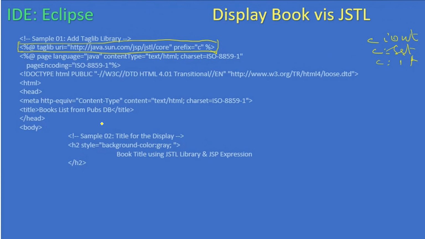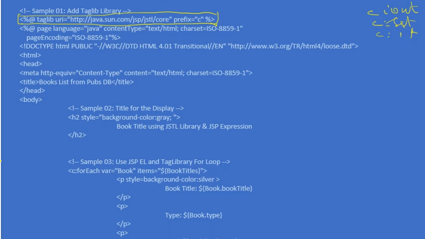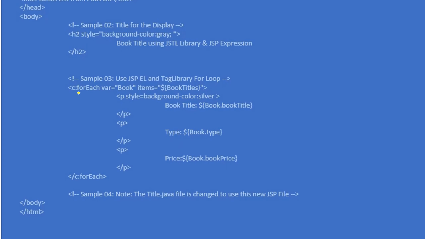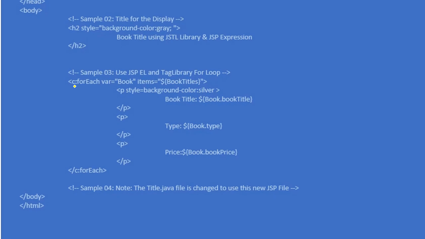Here we are just printing an h2 tag, and we set some background. The background color is gray, and we say book title using JSTL library and JSP expression. If you see here, we are using the for each loop. Since we are using the JSTL tags, this time we are not using scriptlets, so we are not worried about opening and closing curly braces for the for loop.